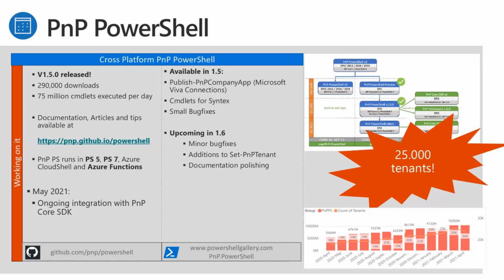We reached 25,000 tenants, and in version 1.5, which is already released, we added the very first commandlet to support Microsoft Viva Connections with the published PnP company app, as well as some other small fixes. And we are already working on version 1.6. Remember that the PnP PowerShell now is cross-platform, and it is targeting the PowerShell Core engine and not anymore just the Windows-only Windows PowerShell engine.